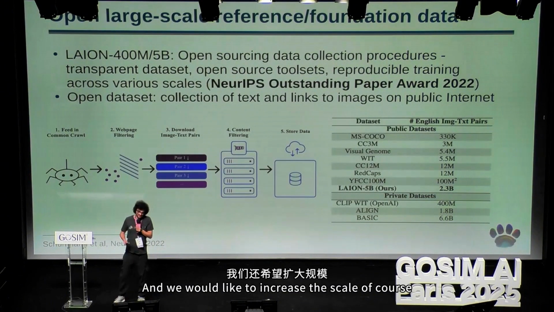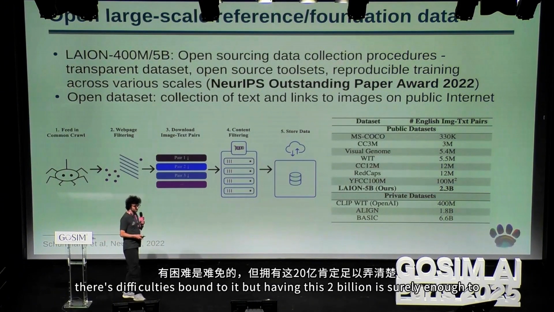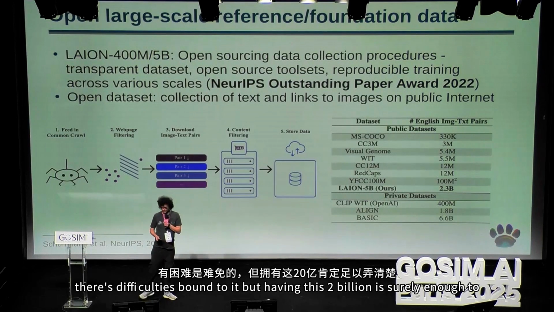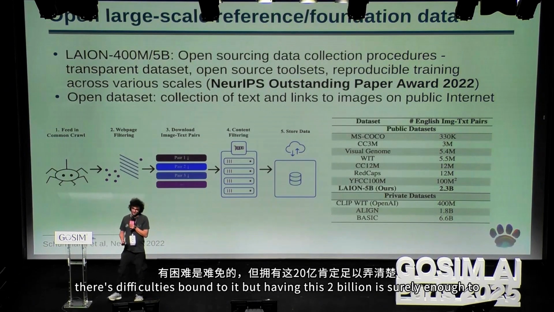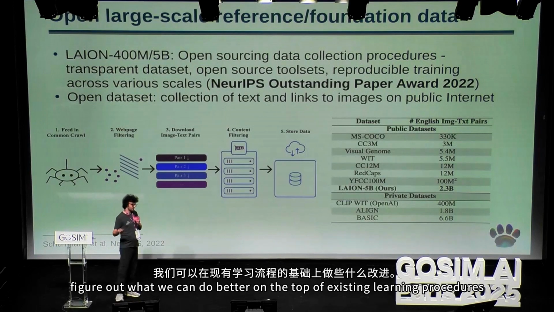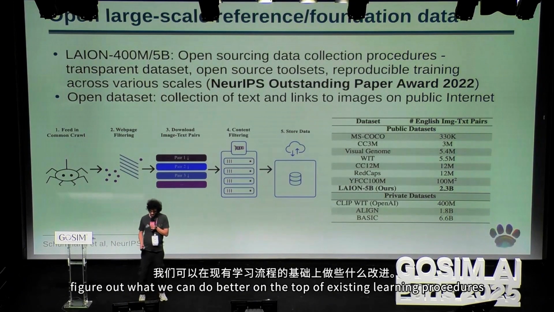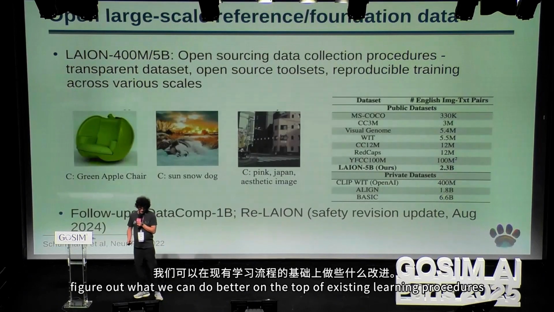And we would like to increase the scale, of course, there are difficulties bound to it, but having these 2 billion is surely enough to figure out what we can do better on top of existing learning procedures.